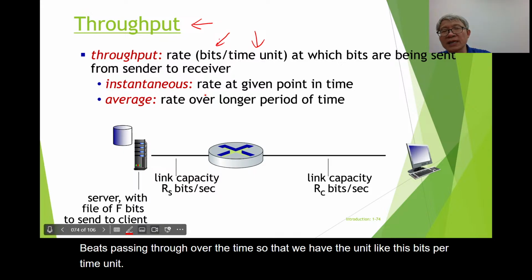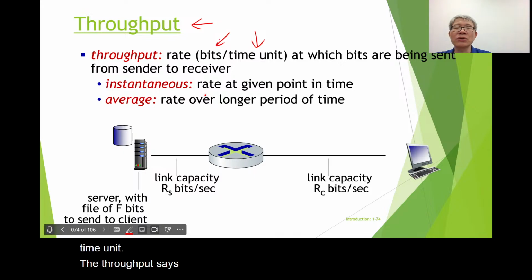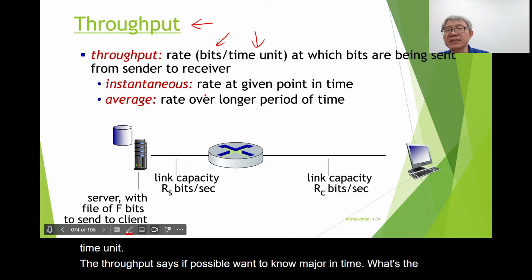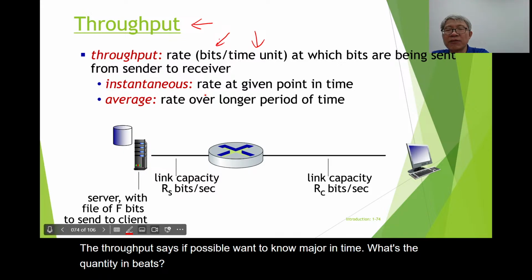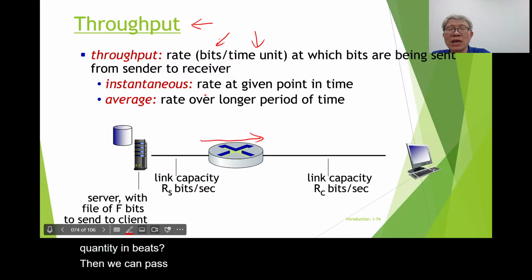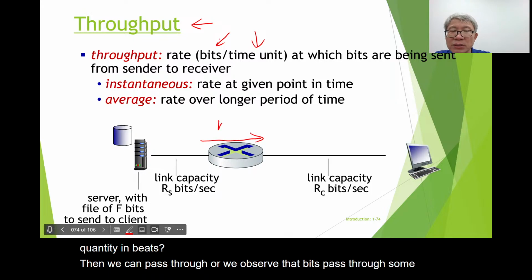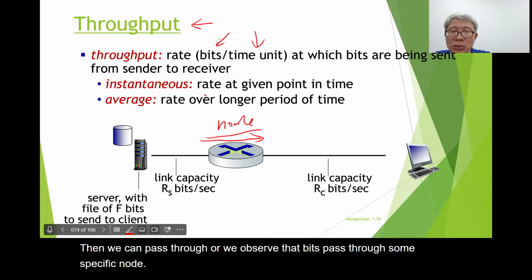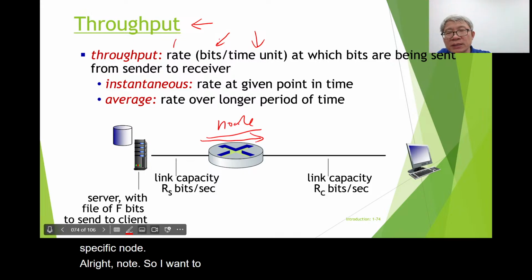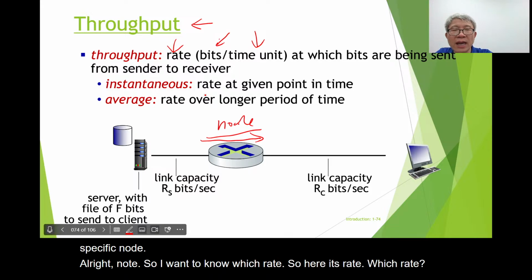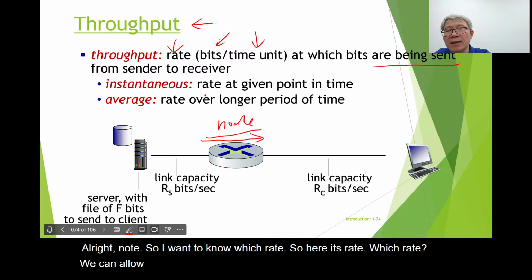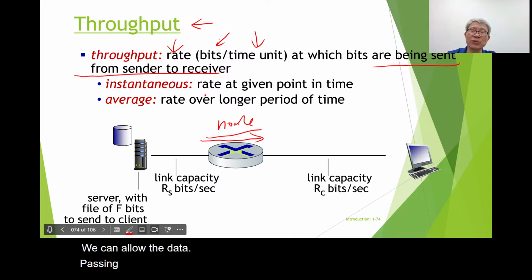The throughput says, if possible, we want to measure in time what quantity of bits we observe passing through some specific node. So we want to know which rate the data can pass through the specific node.